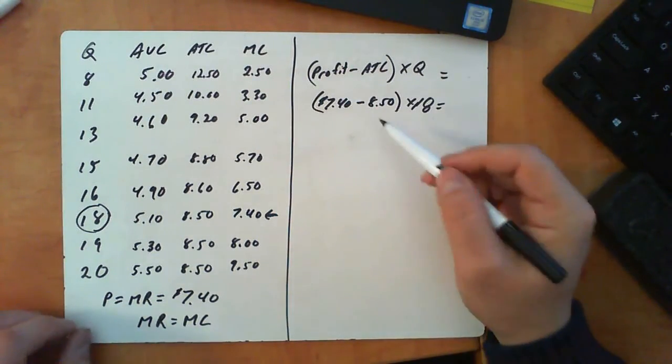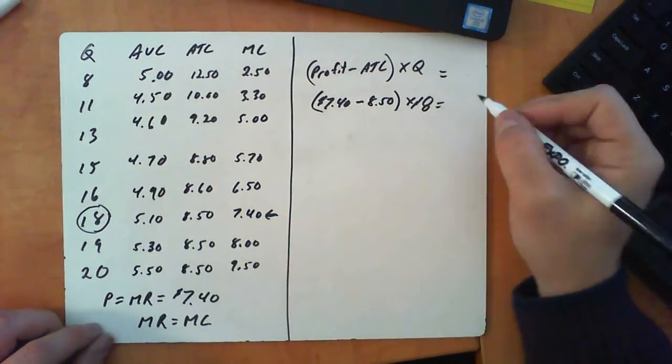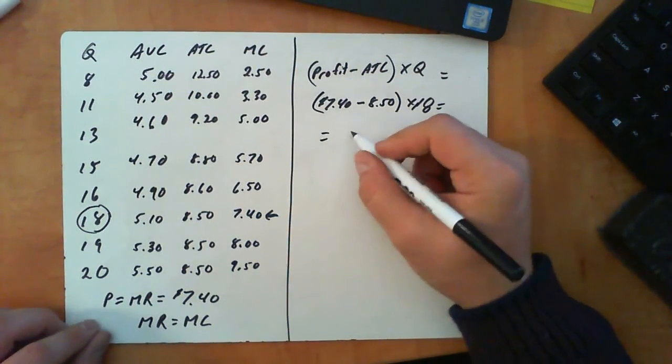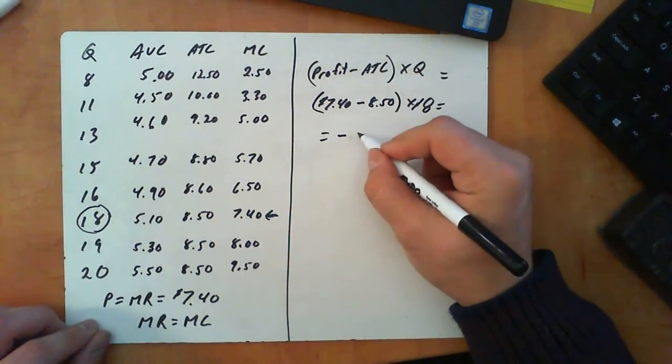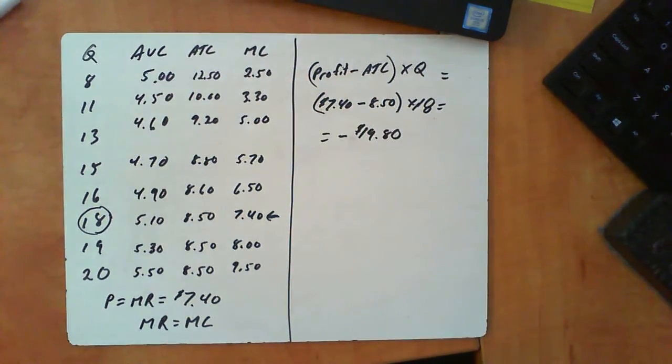It means we're losing money on each dozen ears of corn, so we're actually getting a loss of negative $19.80.